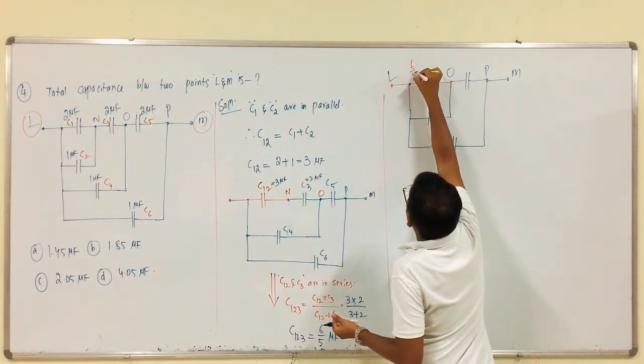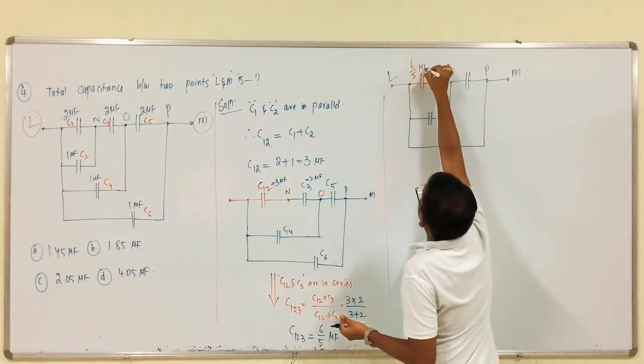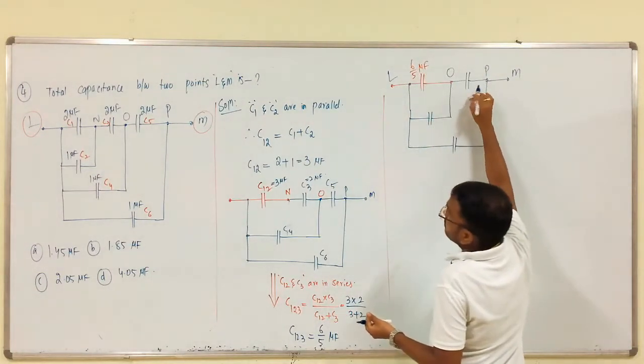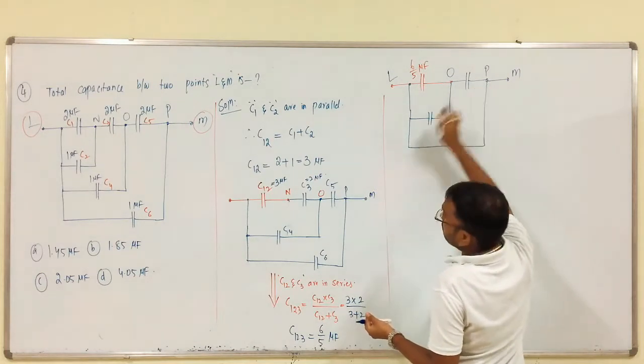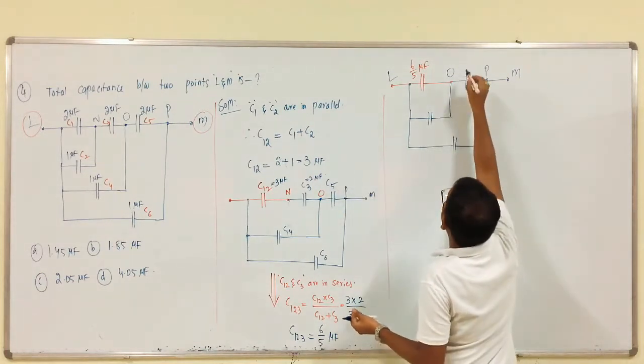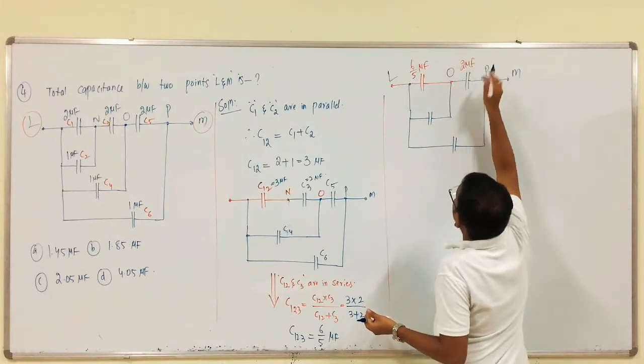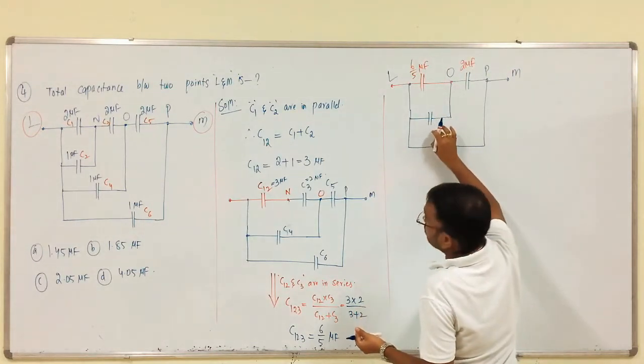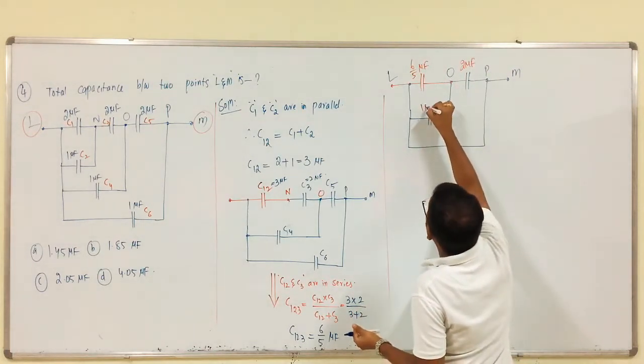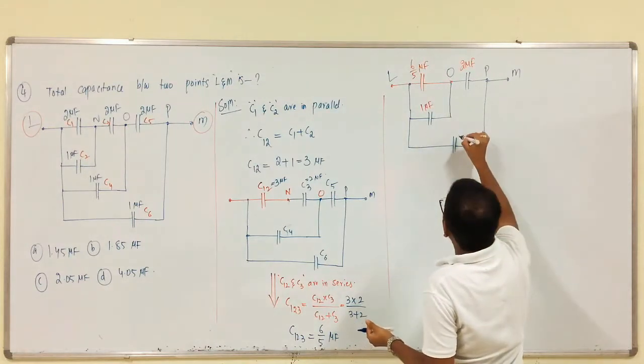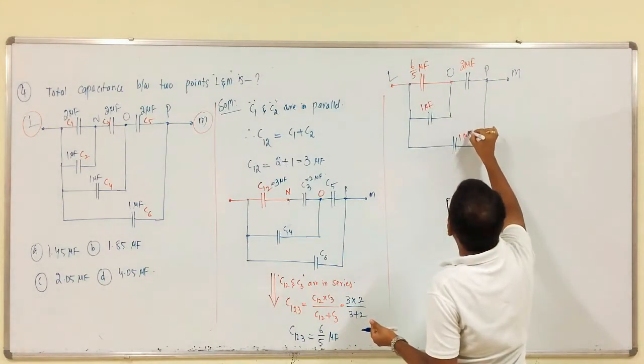This is 6 by 5 microfarad. This is C5. Between O and P we have only C5. What is the value of C5? That is 2 microfarad. This is C4. C4 is 1 microfarad. This is C6. That is 1 microfarad.